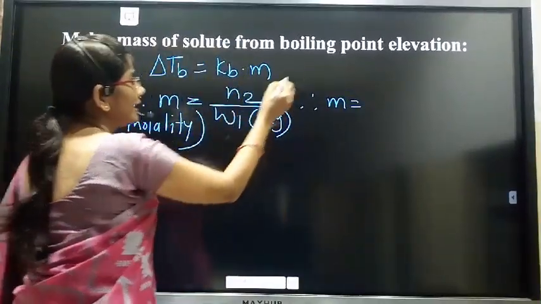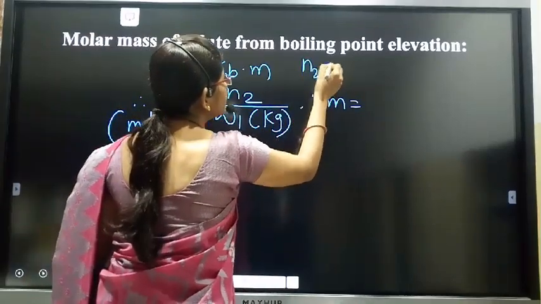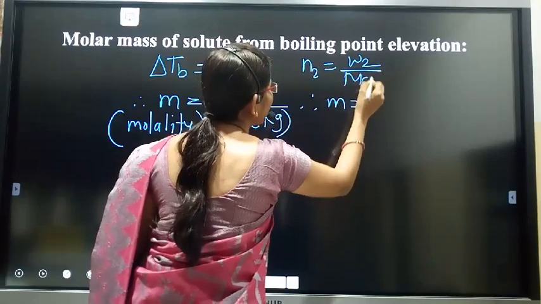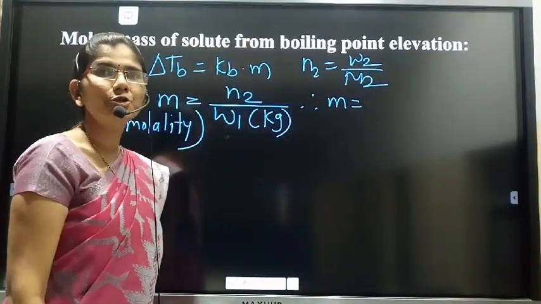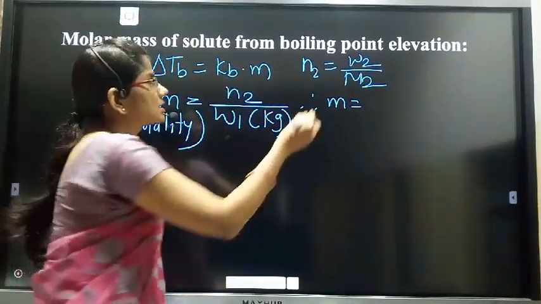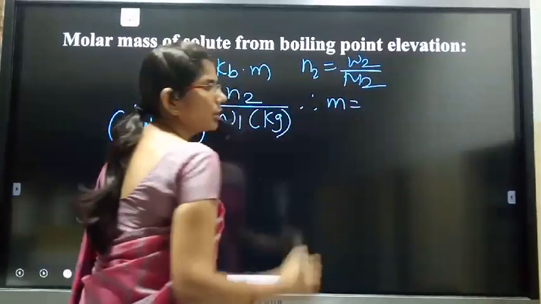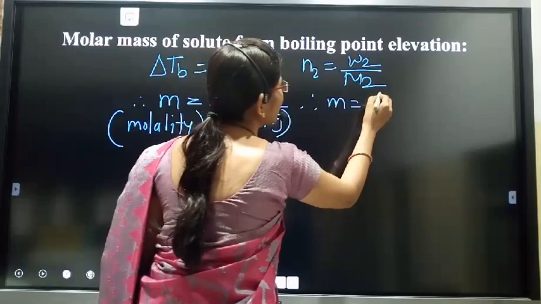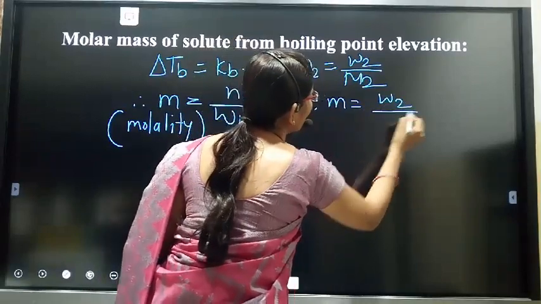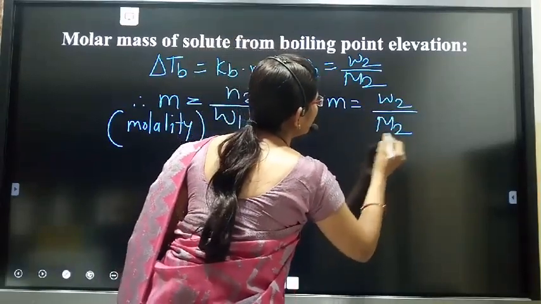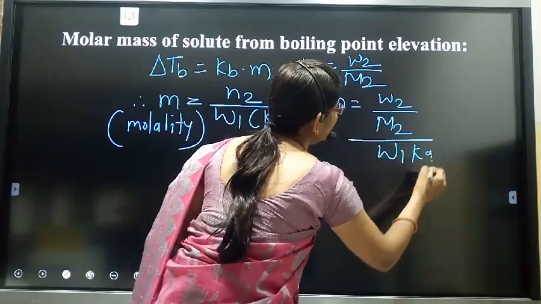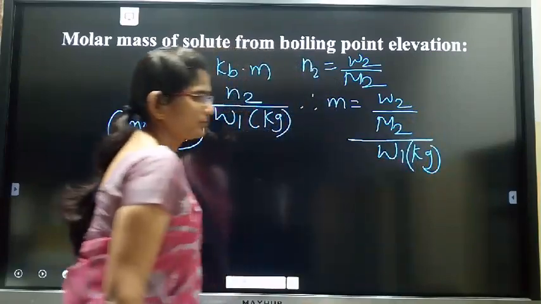What is the value of n2? n2 is equal to W2 upon M2, the number of moles of solute. So m is equal to W2 upon M2 divided by W1 in kilogram.